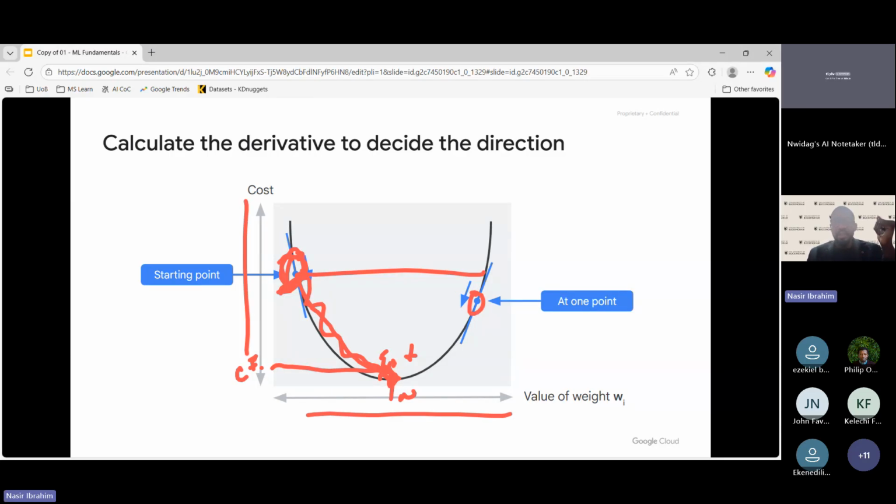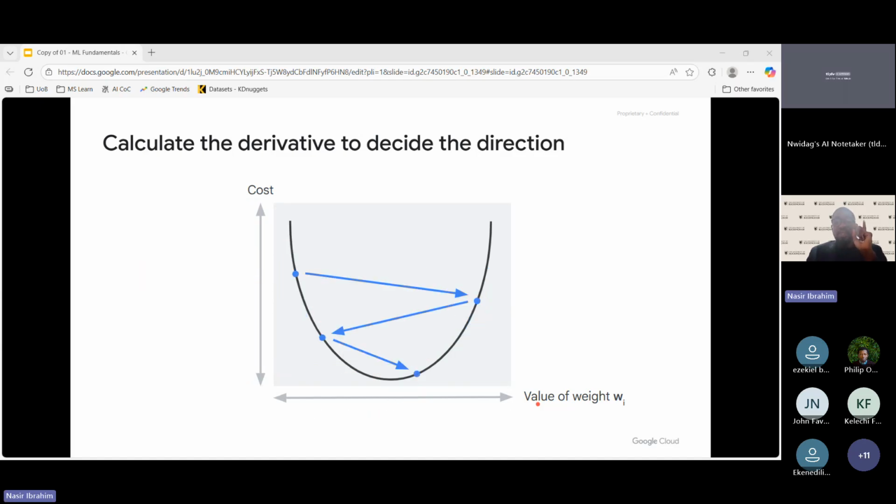Again, you calculate the derivative. The derivative is going to be positive in this case, so you know that you're on the right side, and in order to go to the bottom, you need to go down on the left. So you keep doing that to determine whether you go left or you go right, basically positive or negative. That's the first thing, to determine the direction.